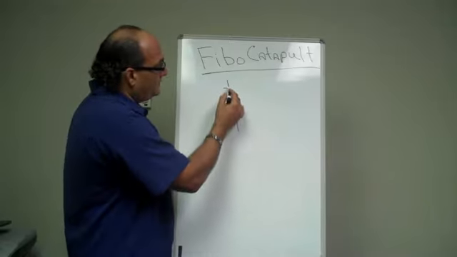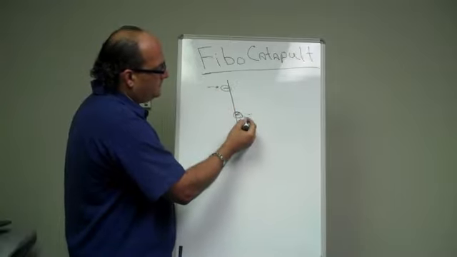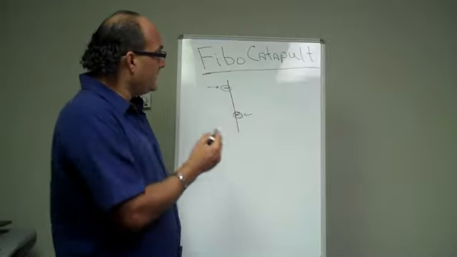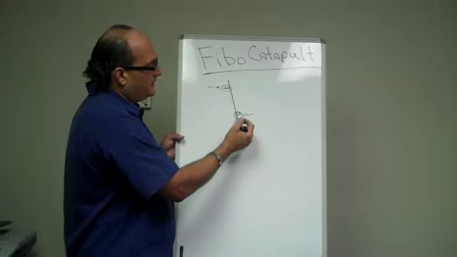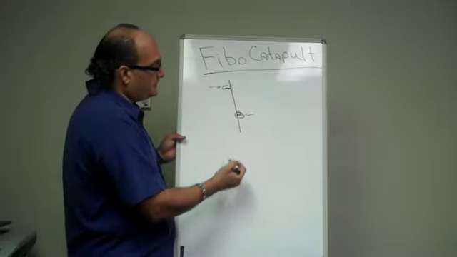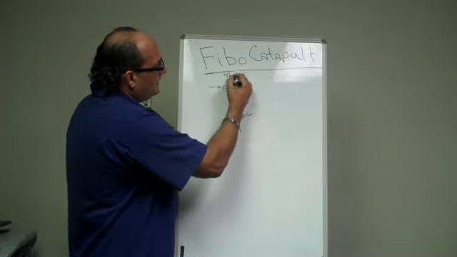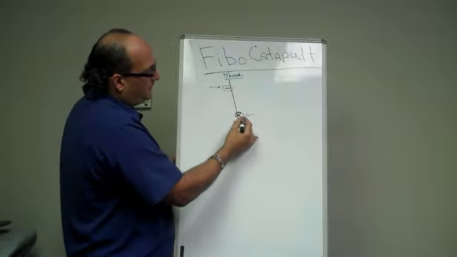On a bar chart, the open is to the left, the close is to the right, just in case we got some newbies out there who don't understand. On this side is your open, and on the other side is your close. Let's just say this is a 4-hour chart, and this is exactly what happened. The market closed lower here.